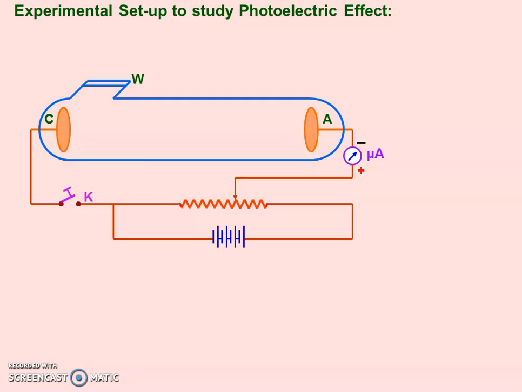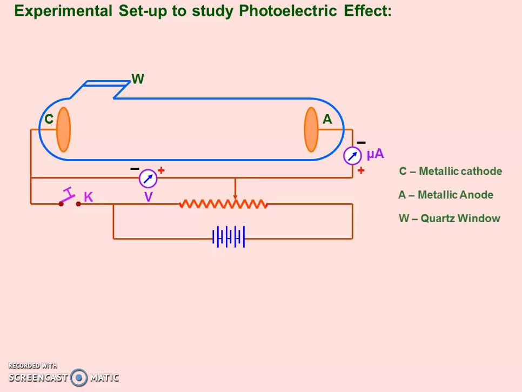An ammeter is also connected in series to measure the current in the circuit, and a voltmeter parallel to the electrodes to measure the potential difference between electrodes, means cathode and anode.